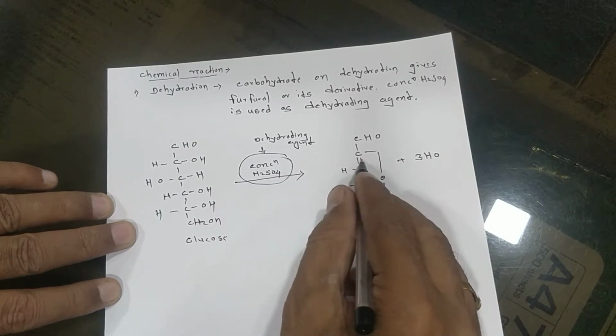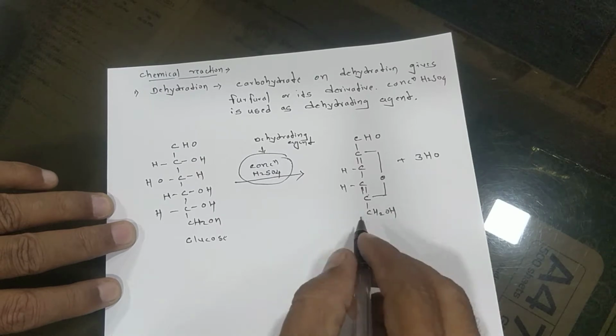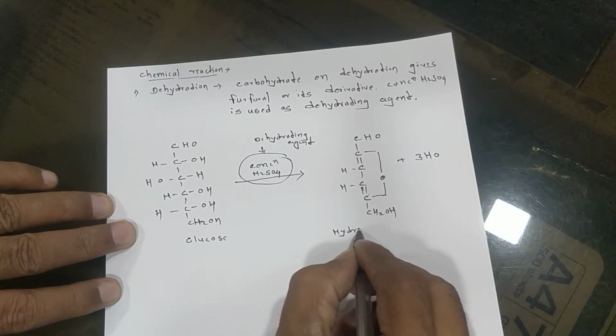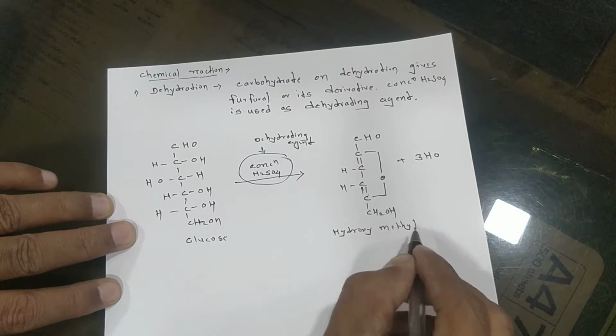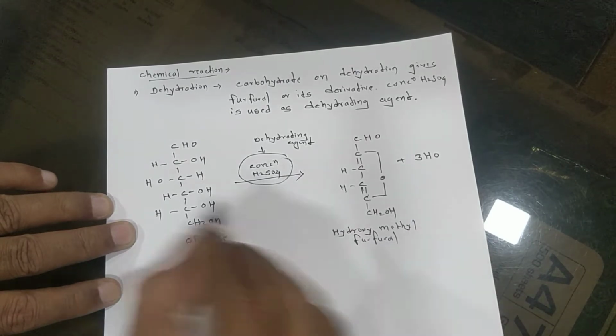Make a valency 4, 4, 4, 4. Okay, now it's called the hydroxy methyl furfural.